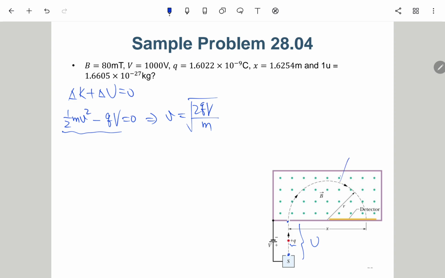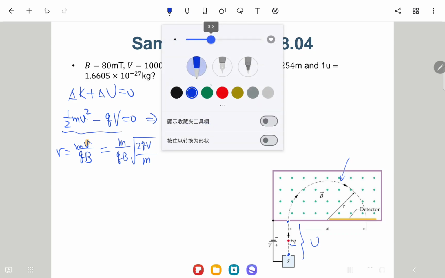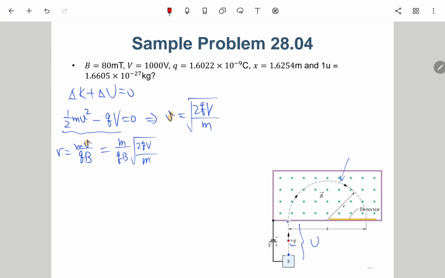Okay, so here is a circular motion, so we can make use of r equals mv over qB. Okay, so here we have v, so that we can substitute here. So we have m over qB and then square root of 2qV over m. Okay, so we can actually put this inside, it becomes m squared, and q squared.